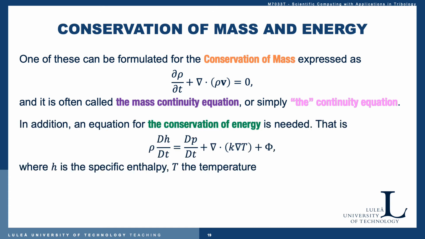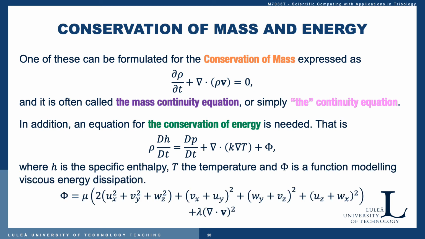In addition, one second equation is an equation for the conservation of energy, and it is given here. And here on the left hand side you have the product between the density and the material derivative of the enthalpy, the specific enthalpy. T is the temperature, and phi is a function which models the dissipation of viscous energy.